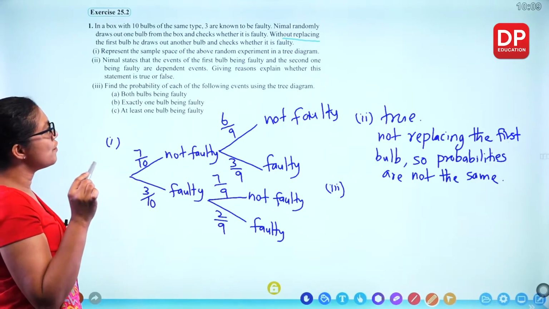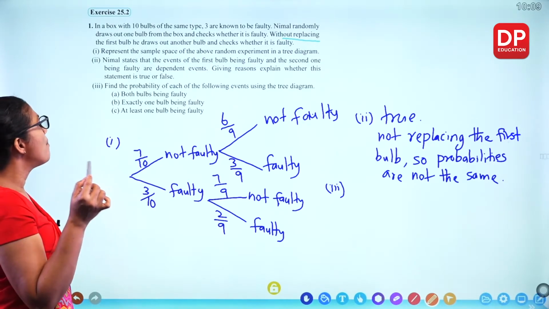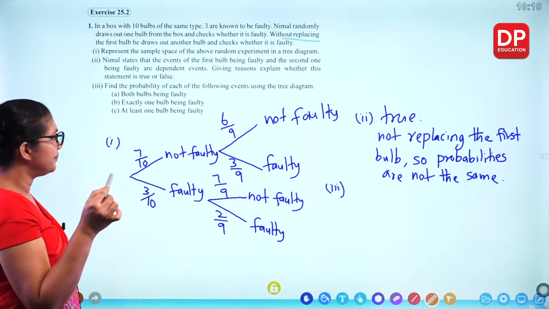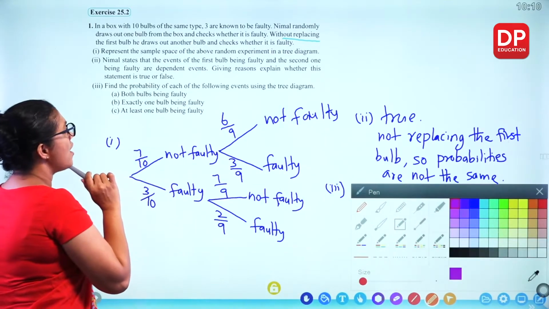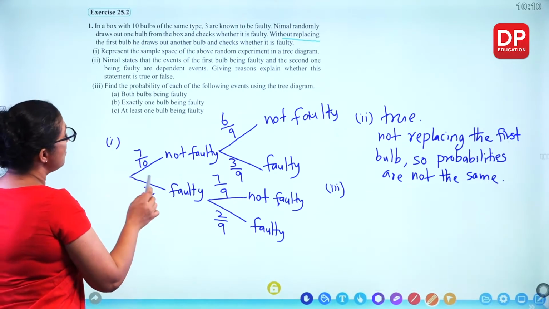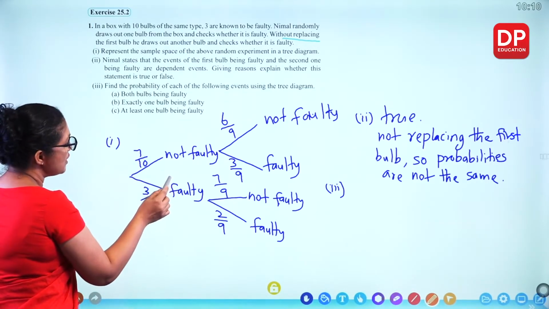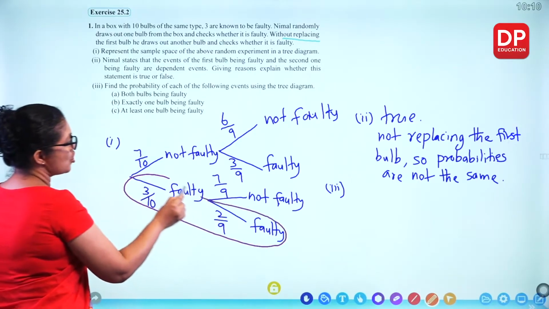Part 3, find out these probabilities. Find the probability of each of the following events using the tree diagram. Both bulbs being faulty. So what's the branch? Both bulbs being faulty means this branch.